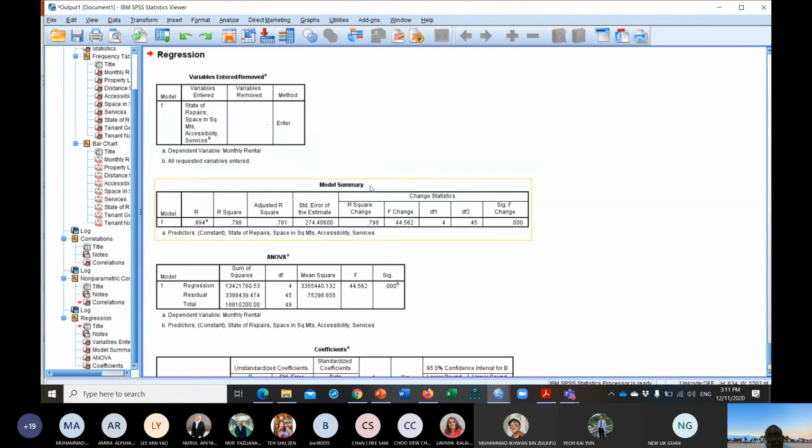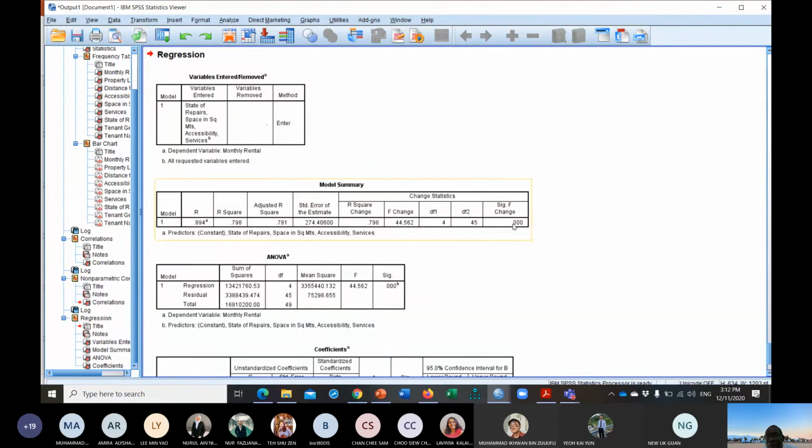Now let's look at the model summary. These are the things we look for. Model summary shows the R square, because we need R square, and we need the significance level. What this is saying is that all the factors we have entered are jointly significant, and jointly affecting the dependent variable, monthly rental.